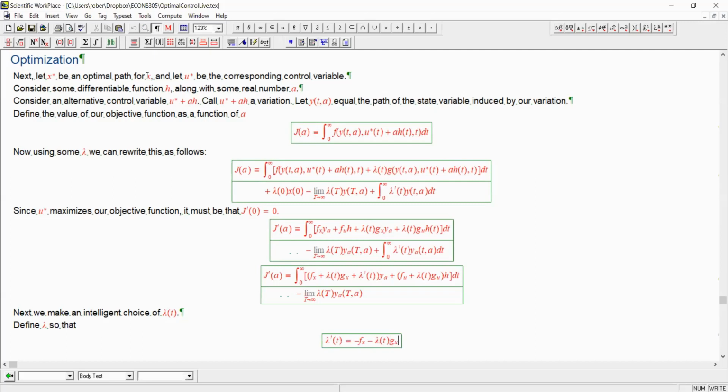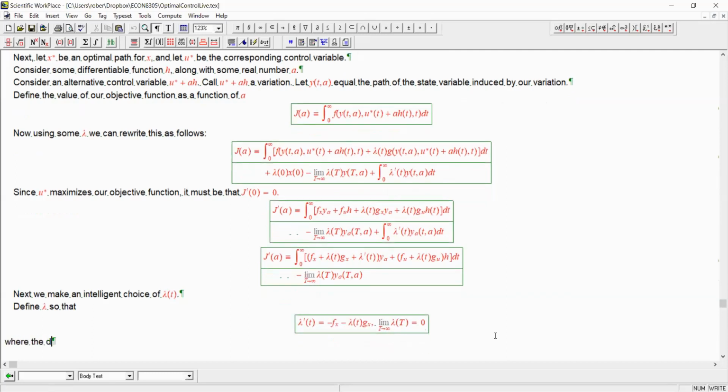This is just a simple differential equation with a simple solution since it's linear. And it satisfies the limit as t goes to infinity of lambda t equals 0, where the derivatives are evaluated at x star and u star.